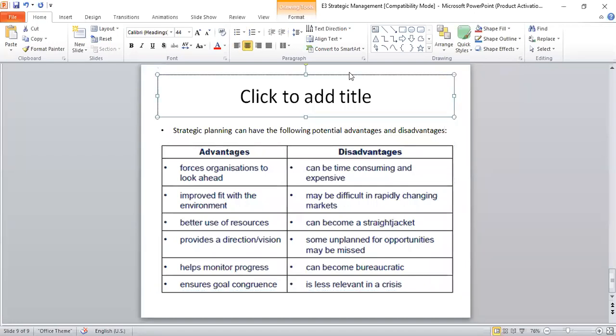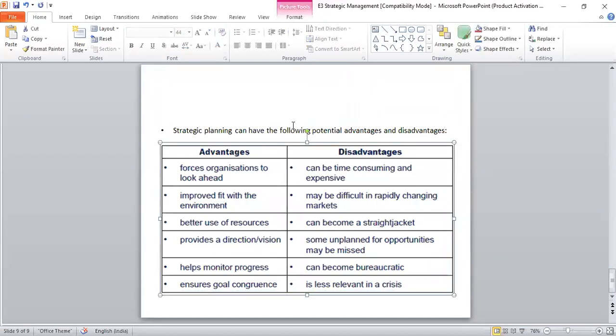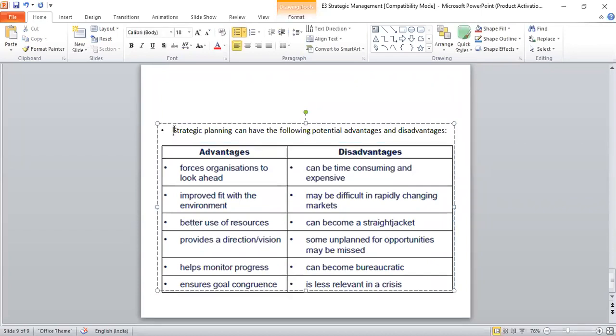Let's discuss the advantages and disadvantages of strategic planning.